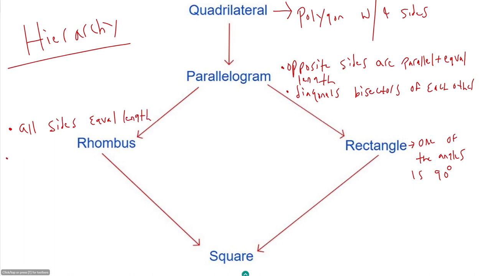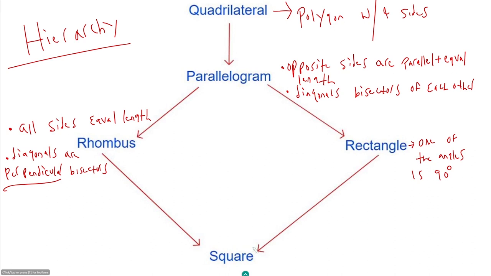And your diagonals are perpendicular bisectors. And just like with going from a quadrilateral to a parallelogram, in order to go from a parallelogram to a rhombus, you only need one of these things to be true, because if one of them is true, then the other one is necessarily going to also be true.